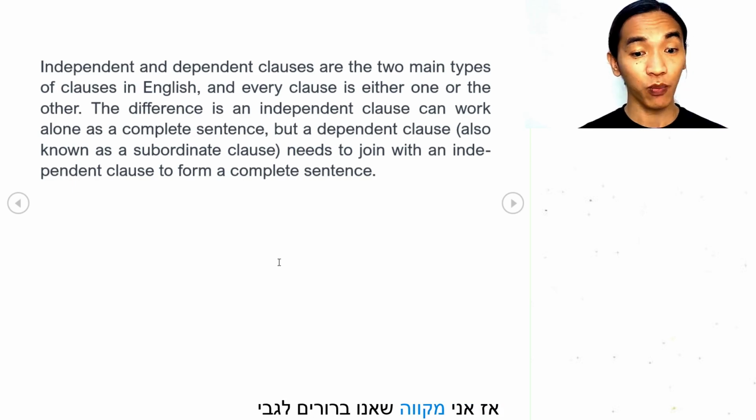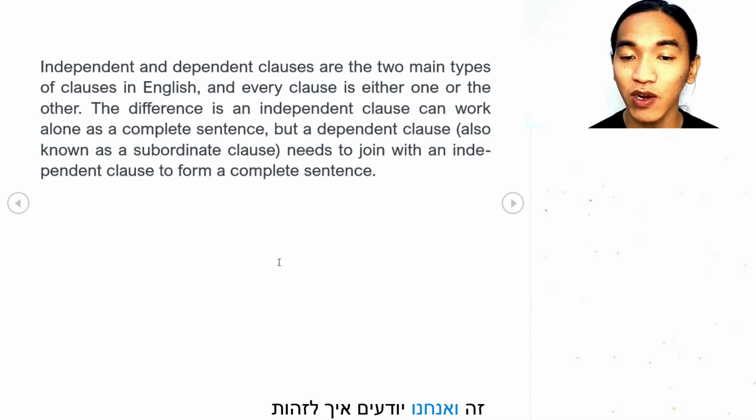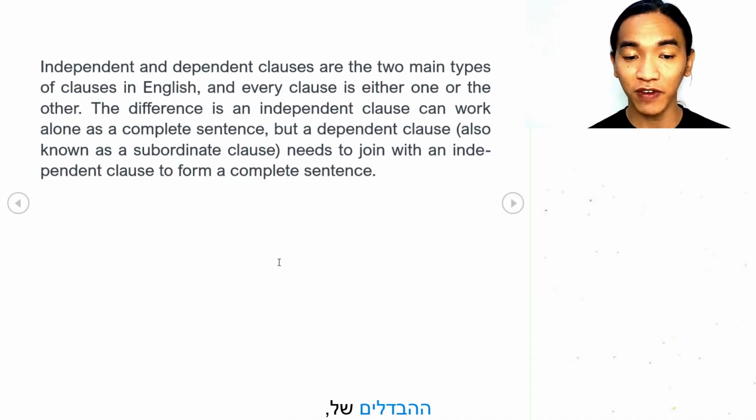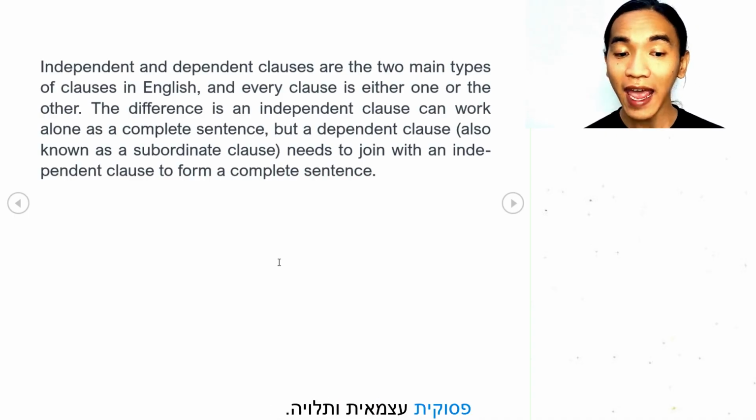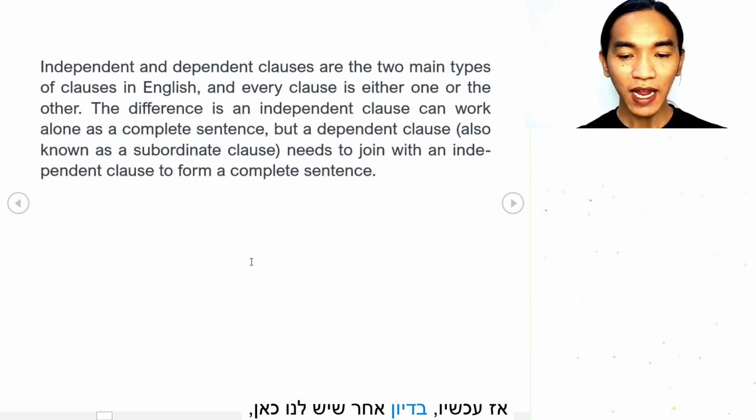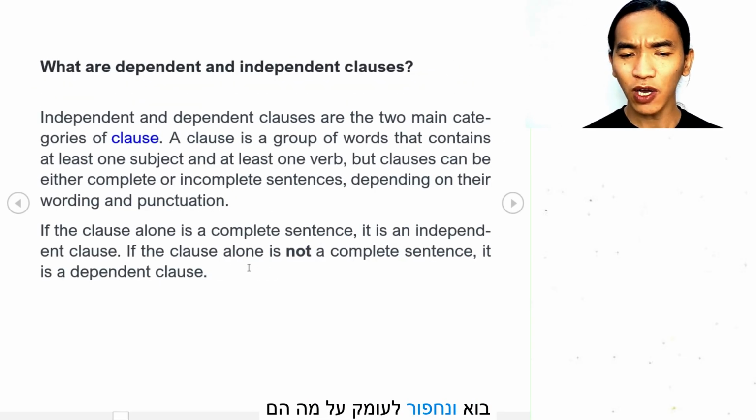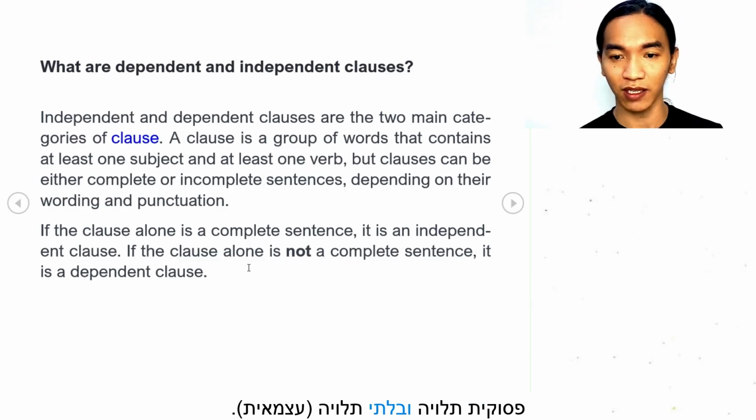I hope we are clear about that and we know how to identify the differences between an independent and dependent clause. Now, in another discussion, let's dig deeper into what dependent and independent clauses are.